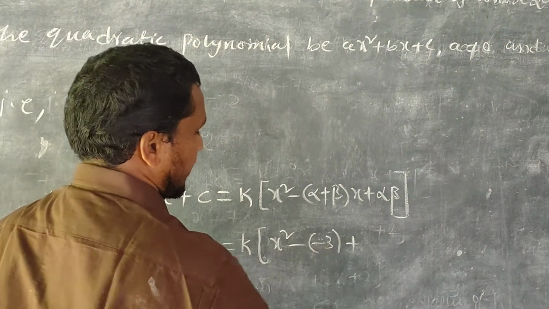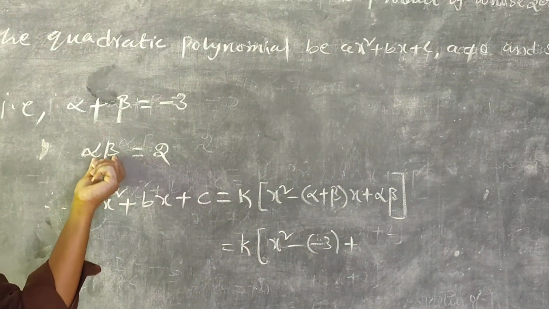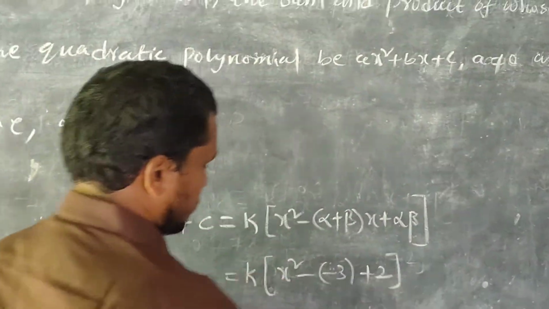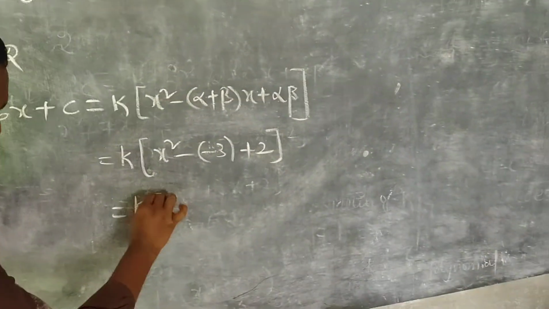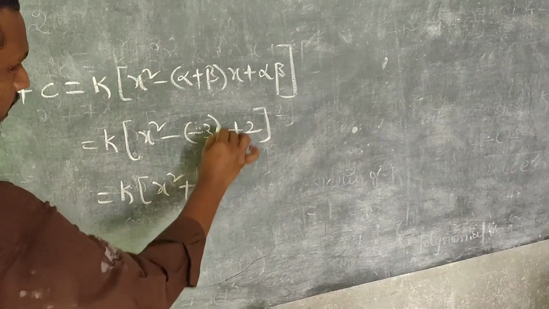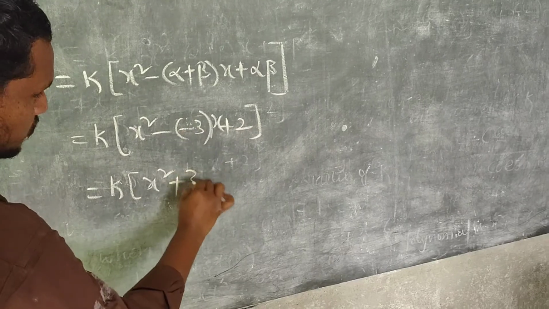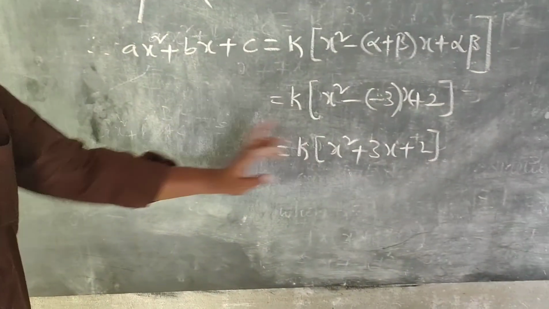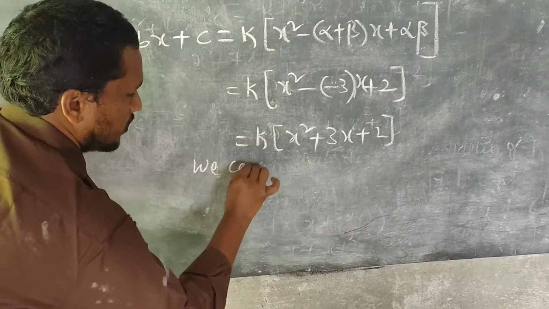Substitute -3, plus the product of the zeros, the value is 2. Substitute. That is equal to k into x square, negative into negative is positive, plus 3x plus 2.